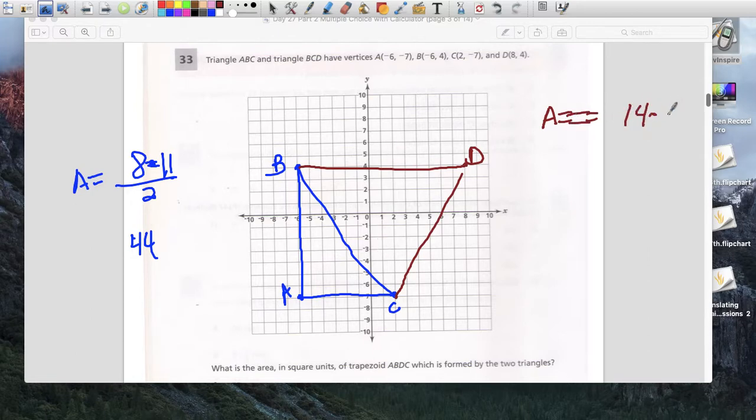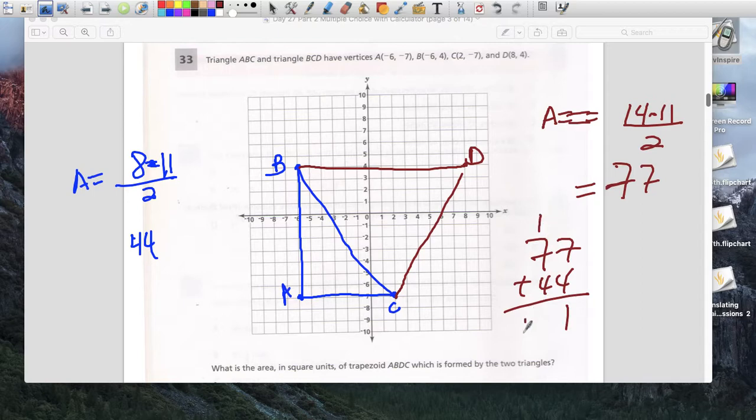My height is 11, divided by 2. So 14 times 11, or just 7 times 11, is 77. And then 77 plus the 44, this is 11, carry the 1, 121 units squared. Please tell me there is that answer.